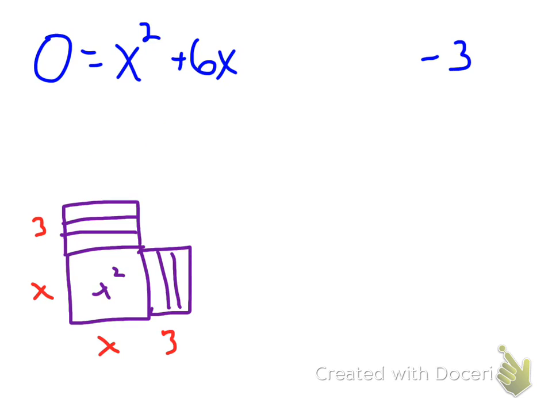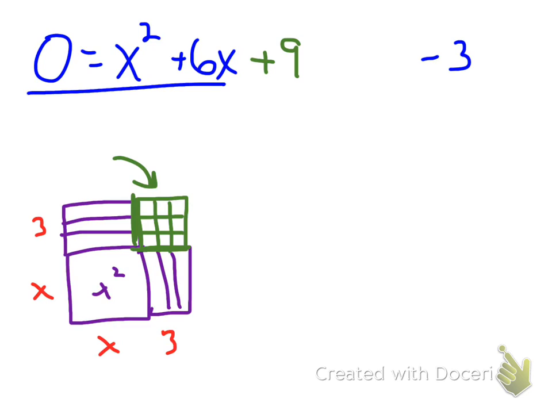In order to complete the square, I need to fill in this section right here. So if I have 3 on this side and 3 on this side, in order to complete the square, I need to add 9 unit tiles. So that's what I've done right here. Please notice that those 9 were not part of the original problem.